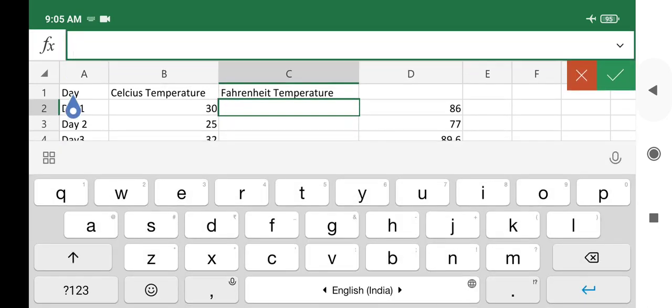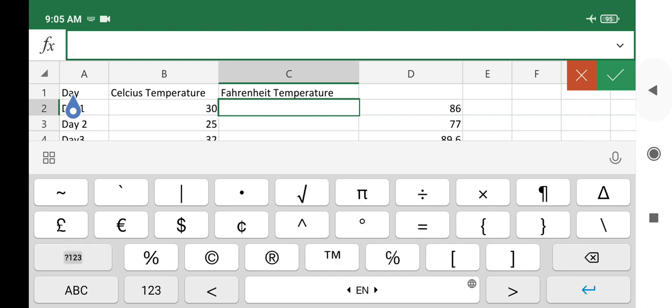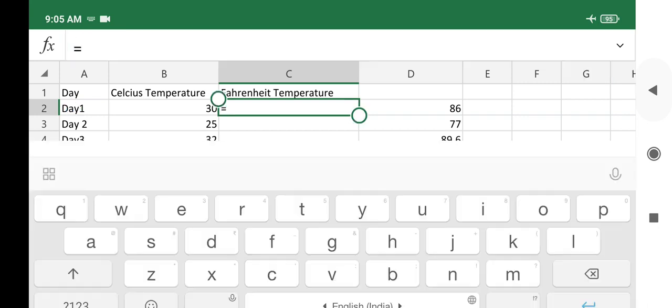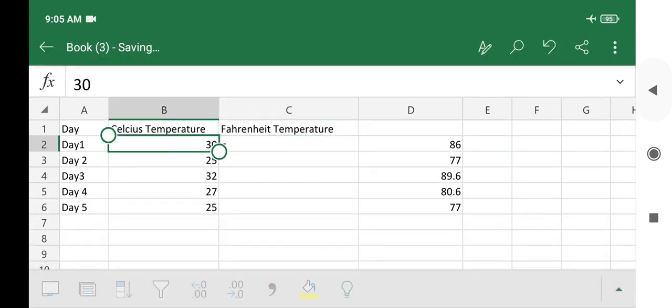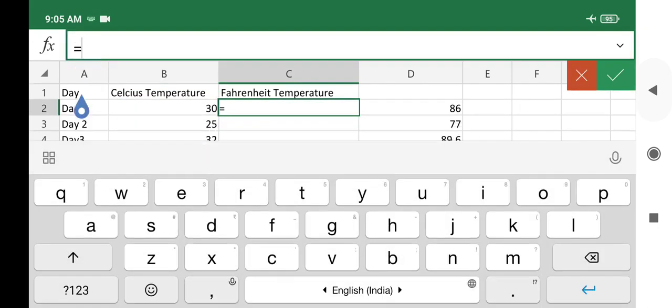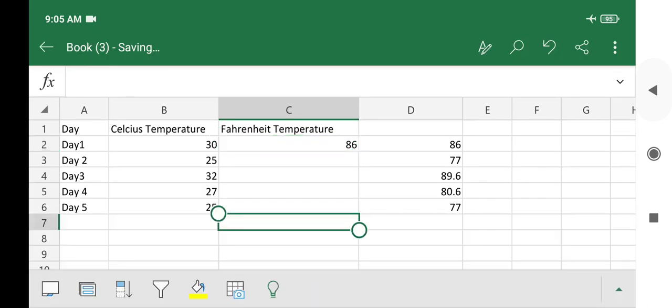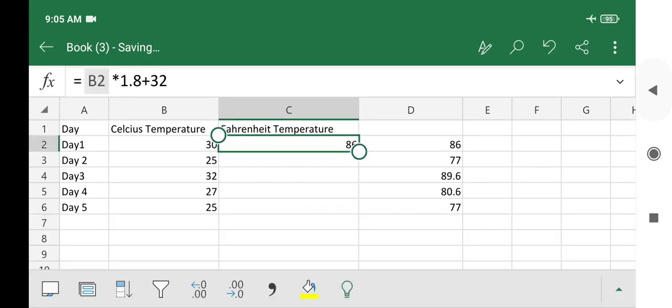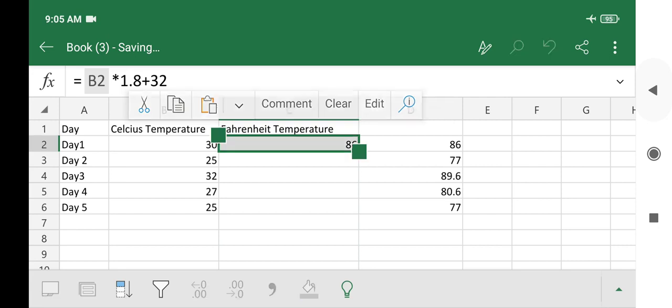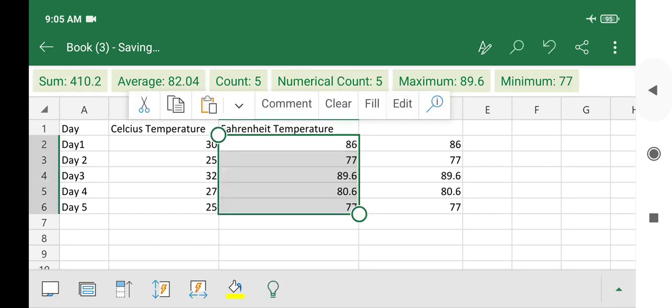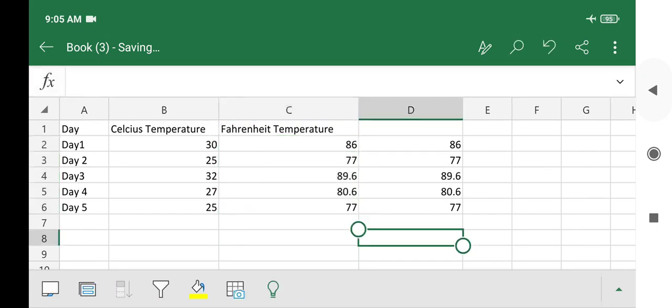Then it shows 86. Now select the fill handle and drag, and you will see exactly the same formulas in each cell.